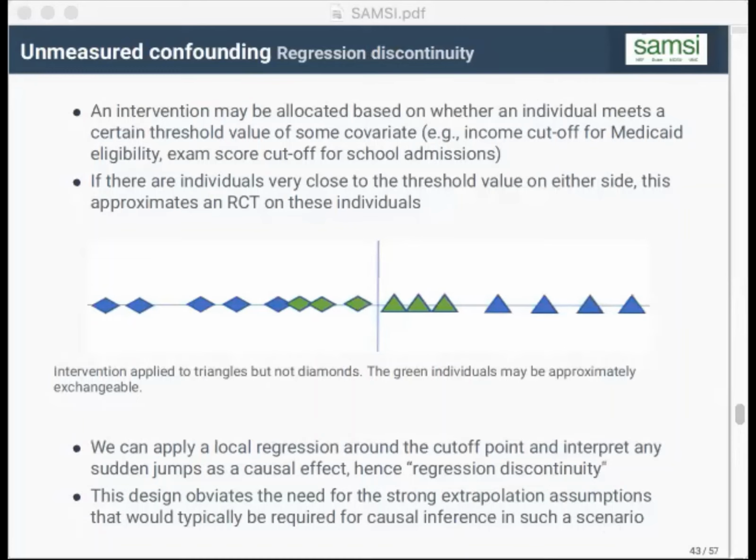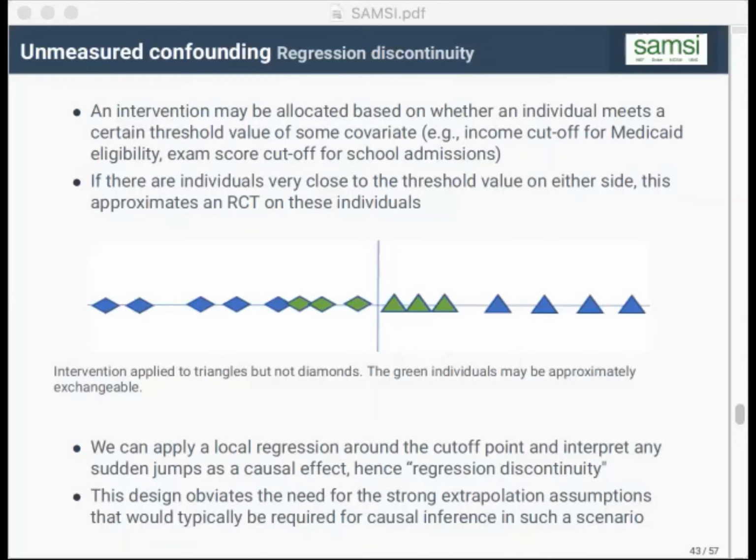So, for example, if school admission requires a particular test score on an exam in order to be eligible for admission, then exactly where that cutoff falls, whether it's 80 points or 81 points, is a kind of arbitrary decision, or the income cutoff for Medicaid eligibility might be arbitrary up to a certain point.